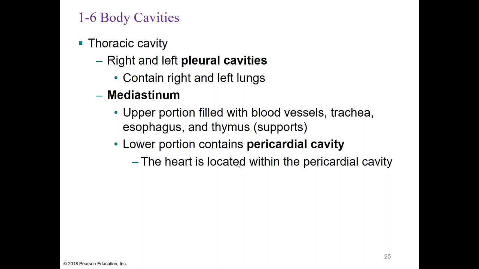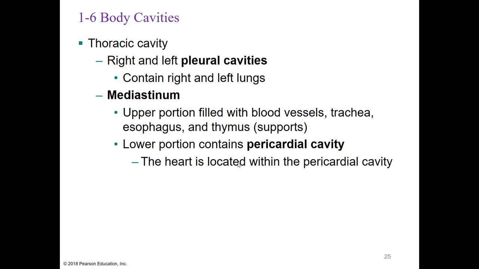So again, we've already looked at the picture of this. The thoracic cavity has a right and left pleural or lung cavity. Those will contain the right and left lungs. The mediastinum is a central tissue mass that divides the thoracic cavity into a right and left lung cavity or pleural cavity.